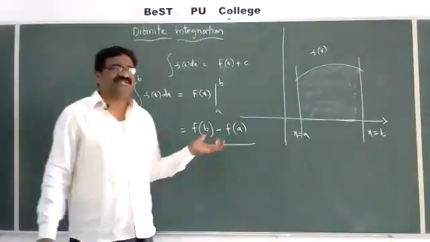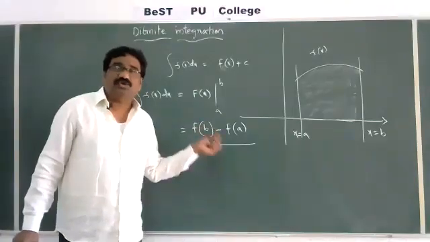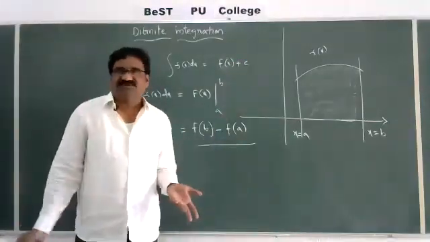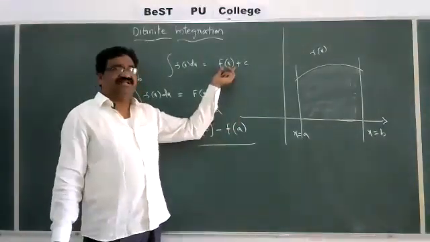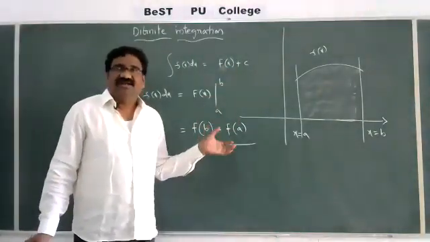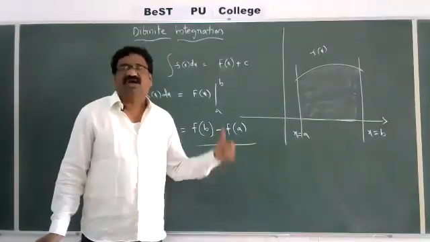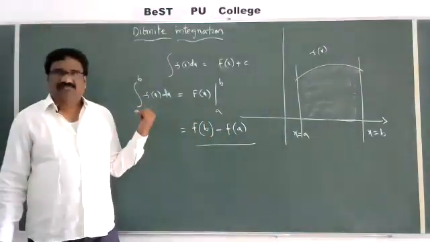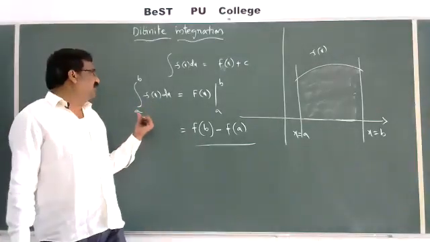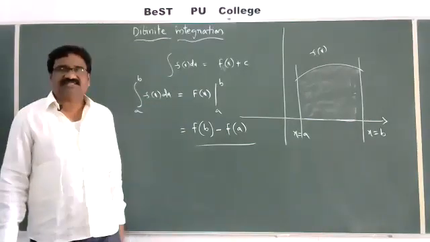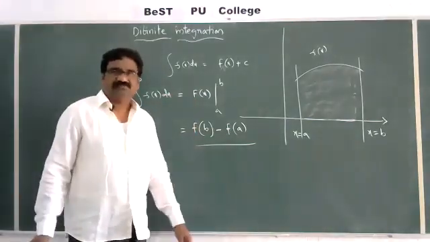In definite integration, at last you get a numerical value. In indefinite integration, you get some function, but in definite integration, at last you get the numerical value. That numerical value is equal to the area of the given curve in between the interval a to b. So integral a to b f of x dx means, first you do the integration.